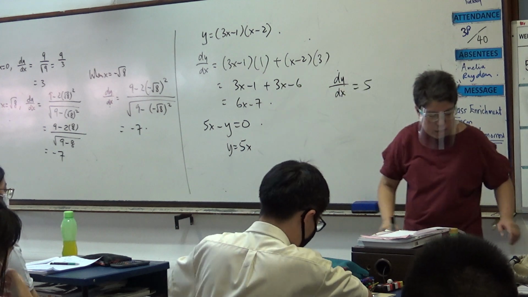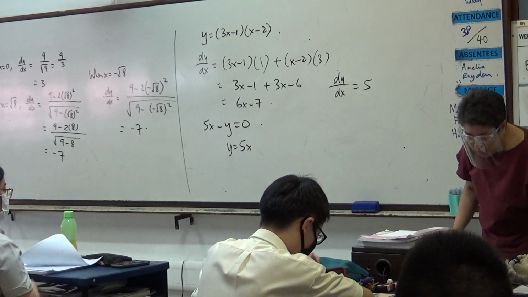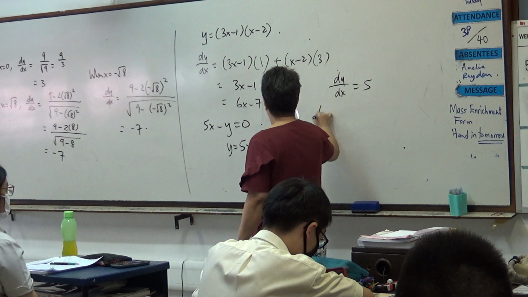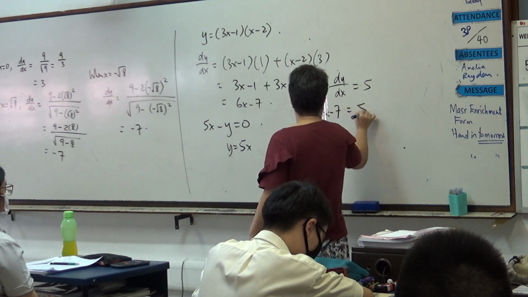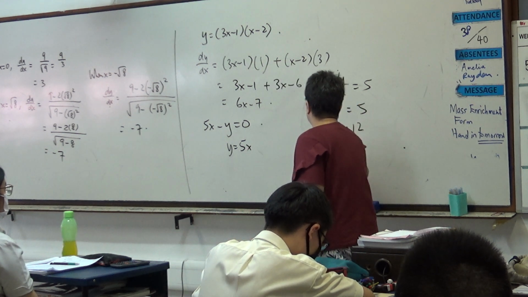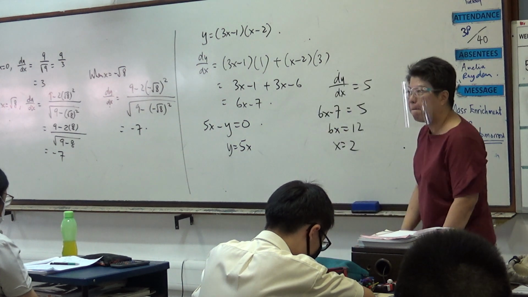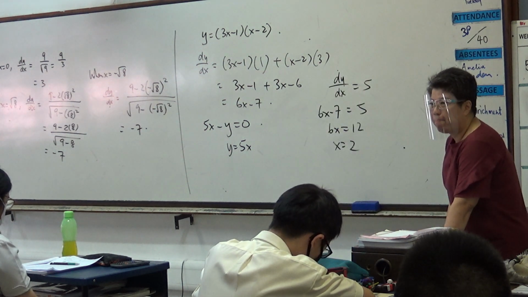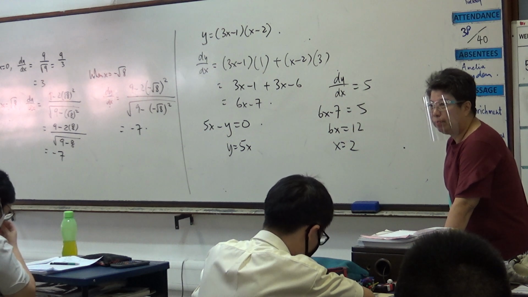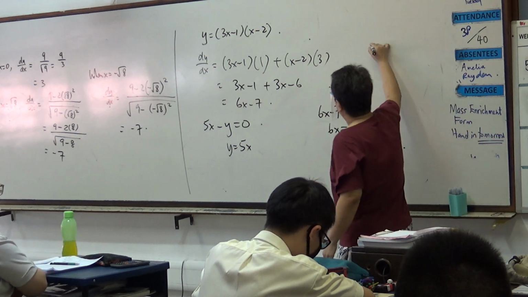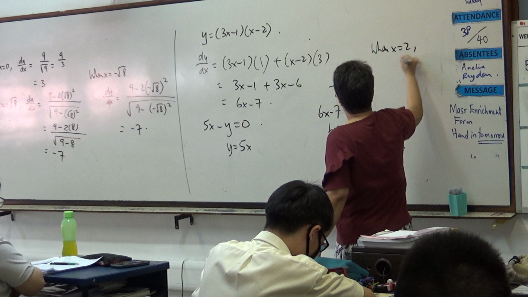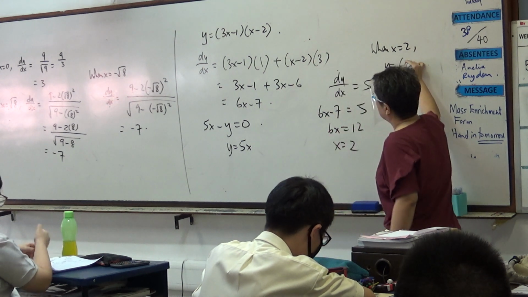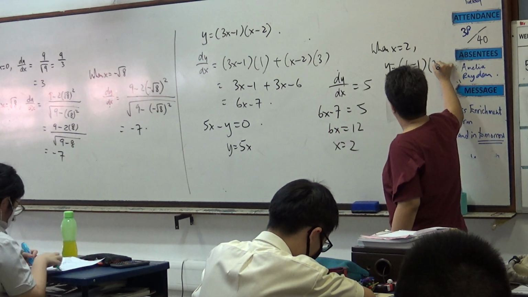Okay, what did the question say now? Find the coordinates, right? So, 6x minus 7 is equal to 5. 6x is 12, x is 2. Alright now. x is 2. When x is 2, y will be 3 times 2 minus 1, times 2 minus 2.